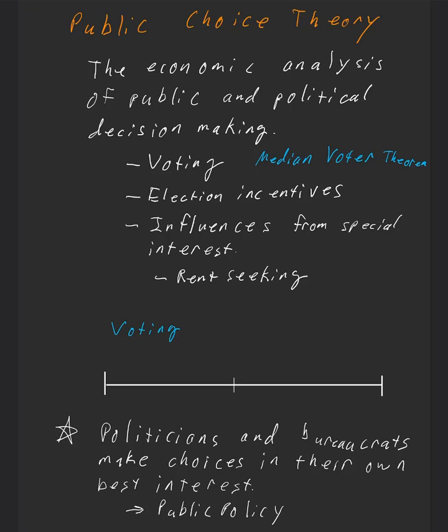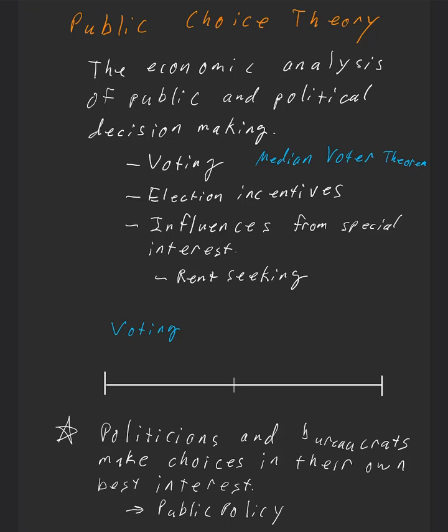But this forms our election incentives: how to construct policy or choose a candidate, or how a candidate might situate themselves. Those election incentives will be formed by how voting works.